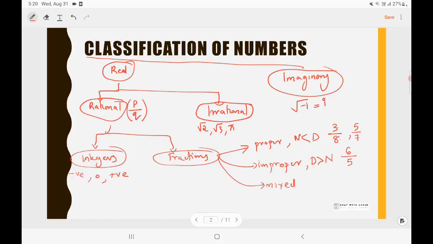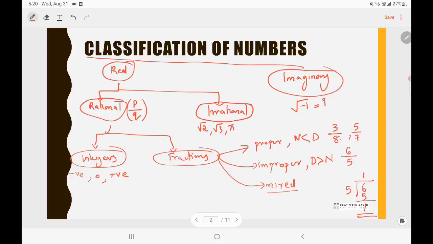Also there is the concept of mixed fraction. Improper fractions you can write in the form of a mixed fraction. For example, if you take 6 by 5, we can divide 6 by 5. Here you will get 1 as quotient and 1 as remainder, right?